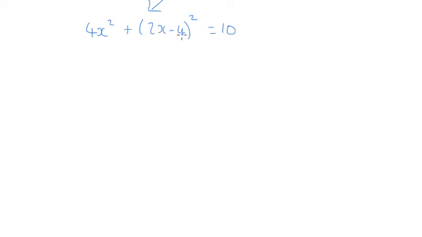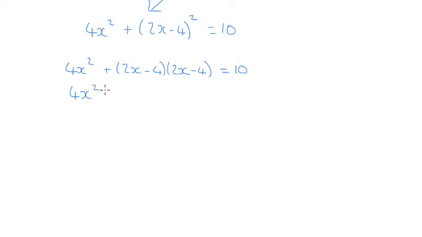So the next job is to just rearrange this so that it looks like a normal quadratic. So first job is to expand those brackets. I'm going to write it out twice to make sure I don't make a mistake. I'll leave that 10 on the end there for now, but I will need to move that over in a minute or two.